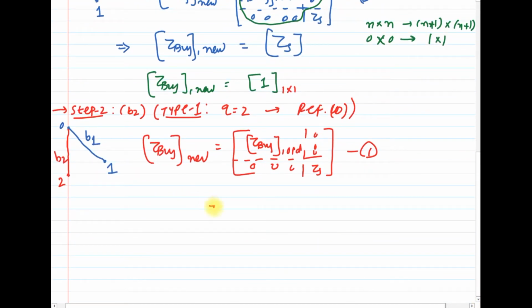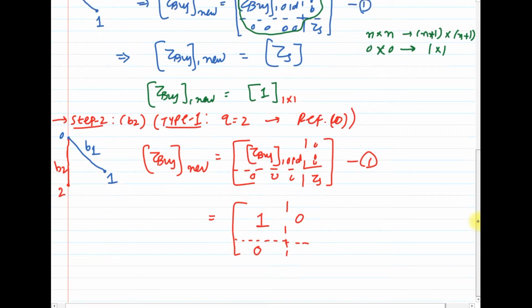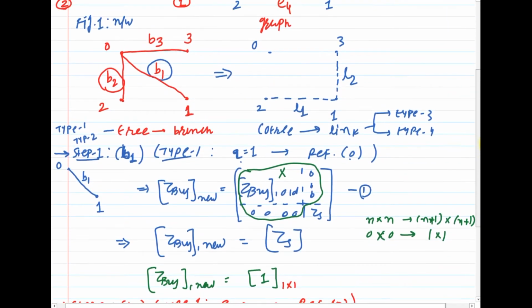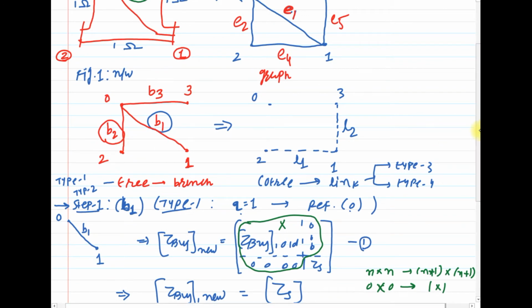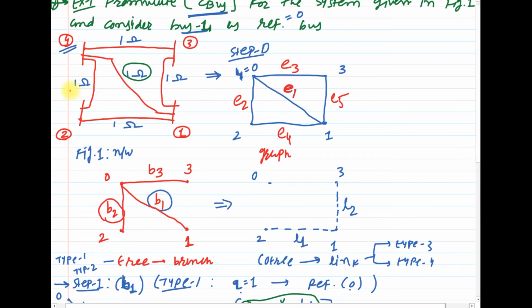So we substitute Z bus old as 1, the rest of the elements are 0, and here we add the value of ZS for B2. B2 is connected between bus number 2 and the reference bus, which is 1 ohm.